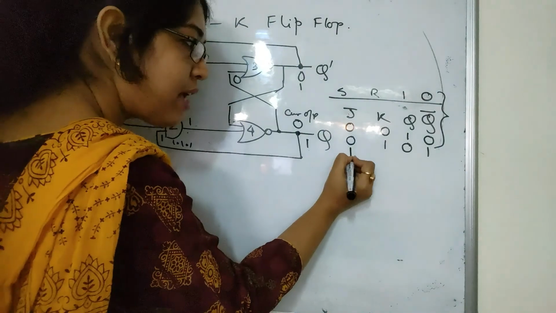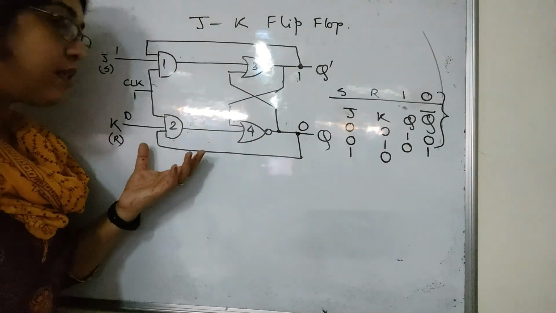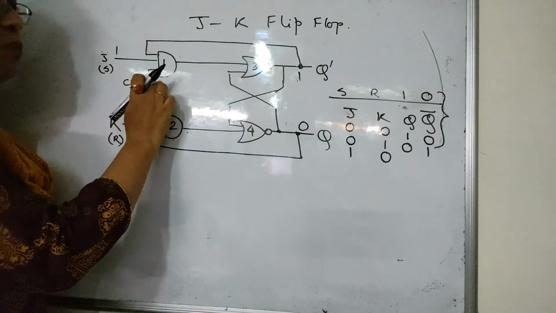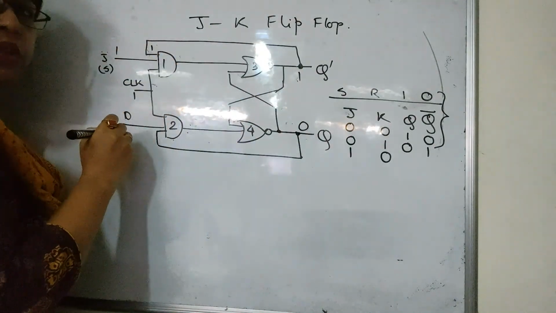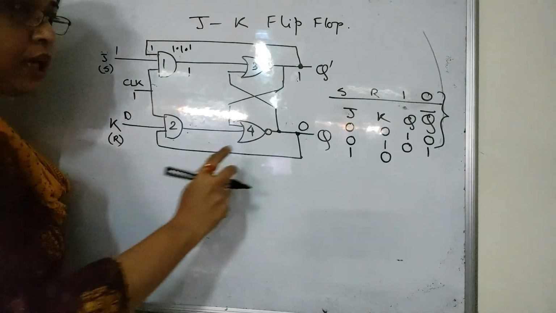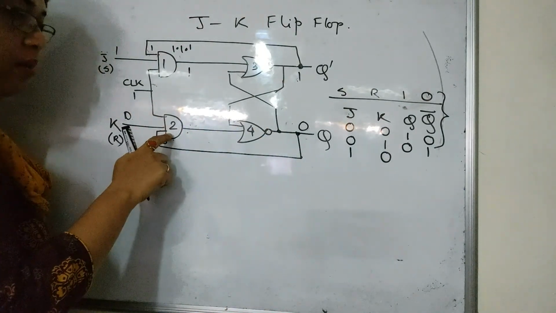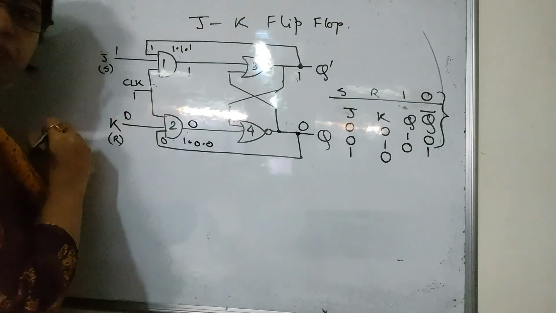Next, J as 1, K as 0. In this scenario, AND gate number 1 gives us an output. This Q dash 1 is fed back over here. So we get 1.1.1, that is 1. This Q fed back over here. So AND gate number 2 gives us 1.0.0, that is 0.